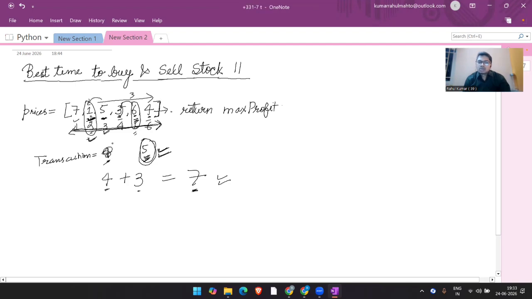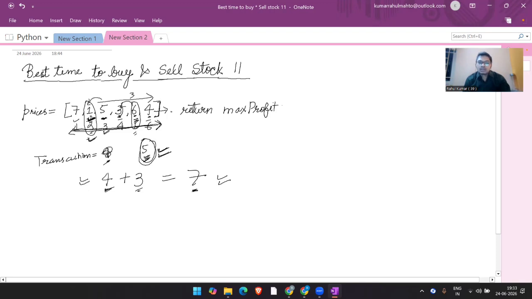Better approach means if I have the option to buy and sell multiple times, then why am I not going with this approach? Definitely, I will buy at this particular moment, and immediately if the price rises, I will sell at this moment.